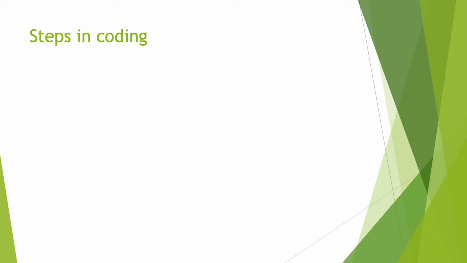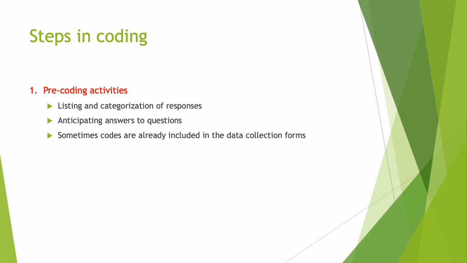There are different steps in coding. The first will be to perform pre-coding activities wherein one lists and categorizes the responses. Answers to questions, particularly open-ended ones, are anticipated as well. Sometimes, the codes are already included in the data collection forms, which could be your source documents.